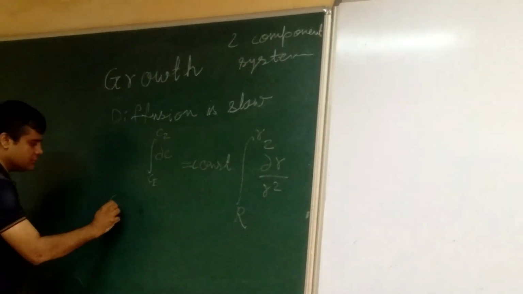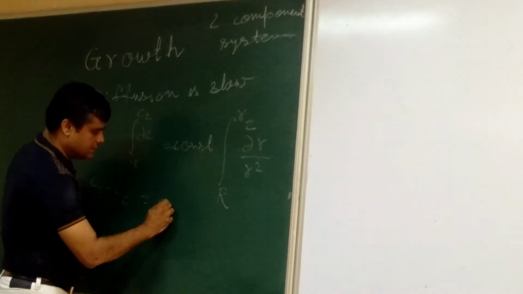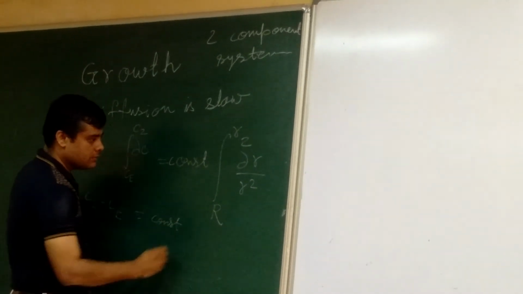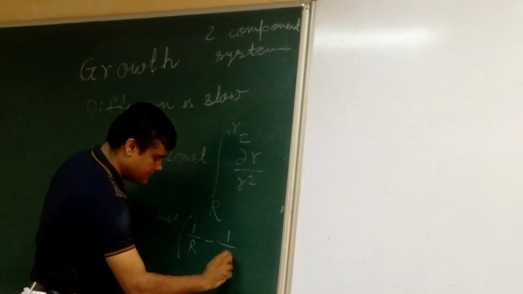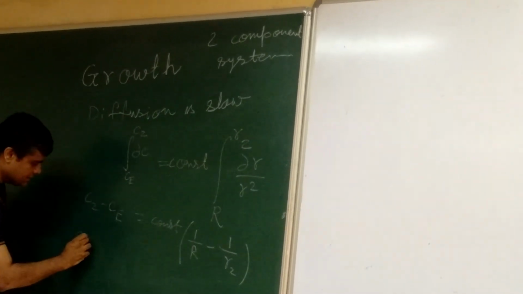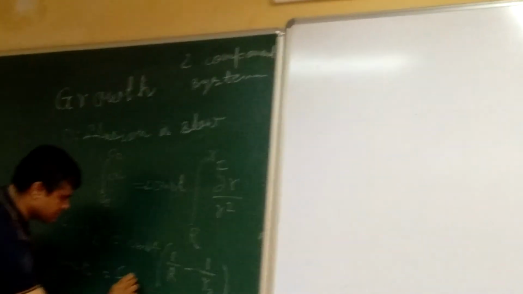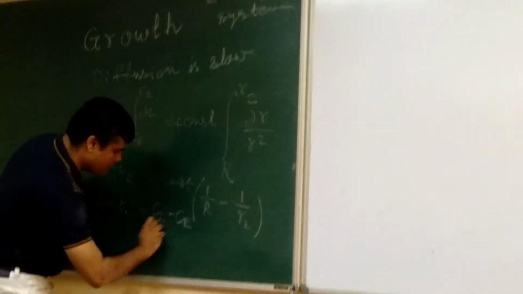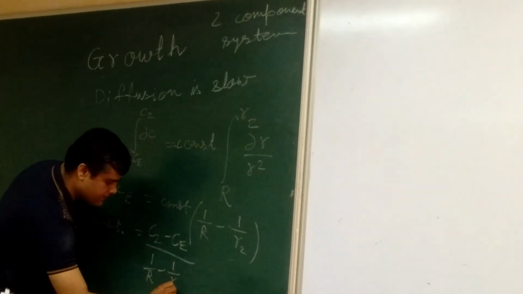So we will get C2 minus CE equal to constant times (1 by R minus 1 by R2). So the constant is C2 minus CE over (1 by R minus 1 by R2).